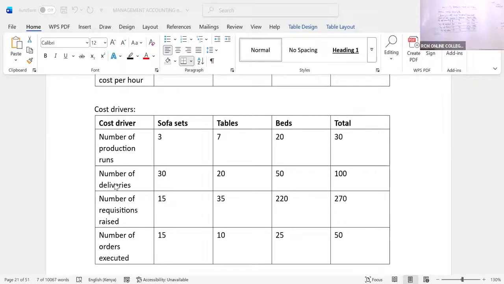And then, of course, there may be other additional cost drivers, most probably machine hours and labor hours. For you to see whether there are additional cost drivers, go back to the overhead items you are given.